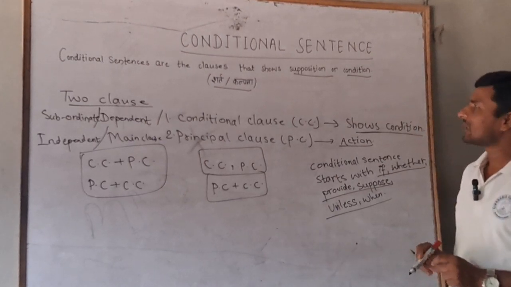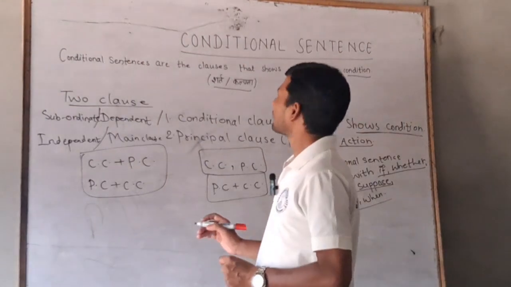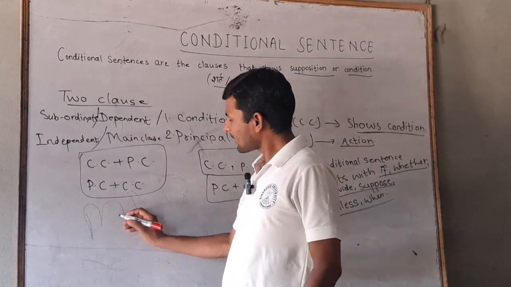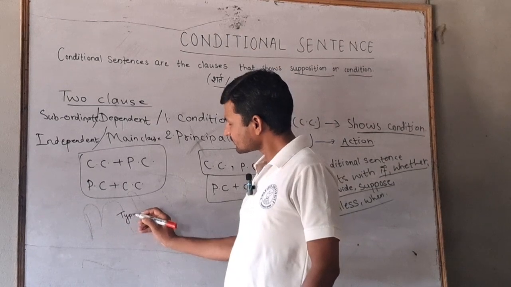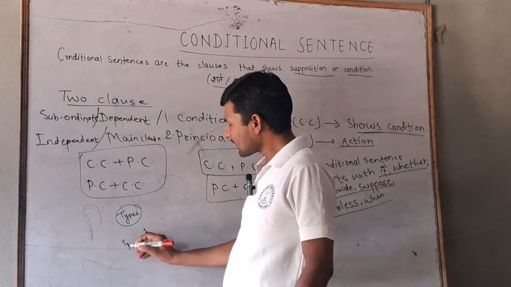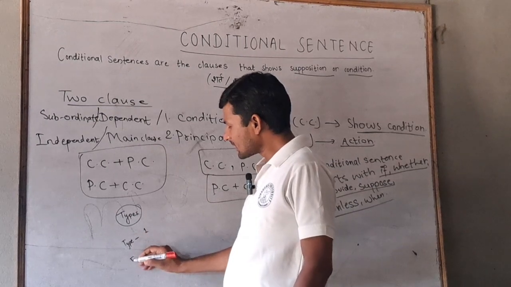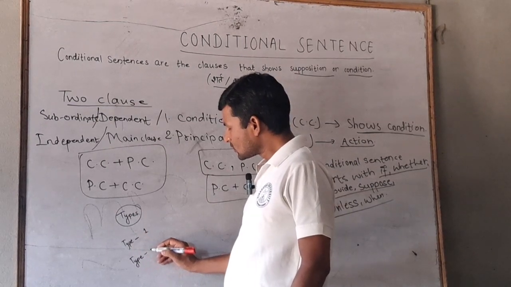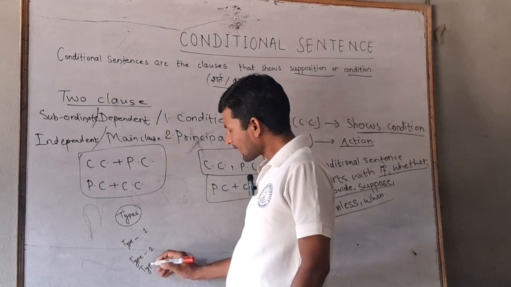Understood? Then there are three kinds of conditional sentences. Type 1, type 2, type 3.